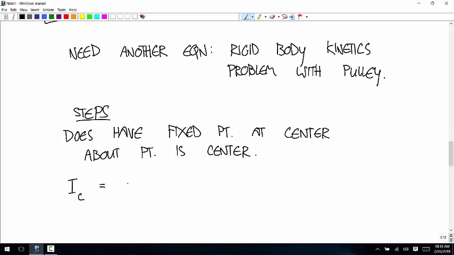So 1/2 times the mass times the radius squared, and that's 0.00125, I think, kilogram meter squared.